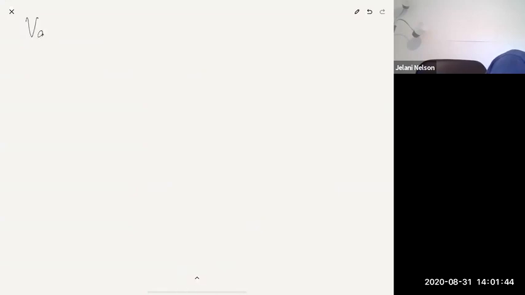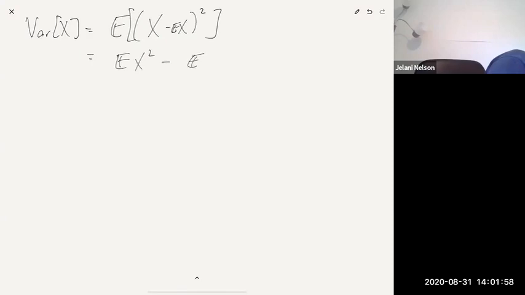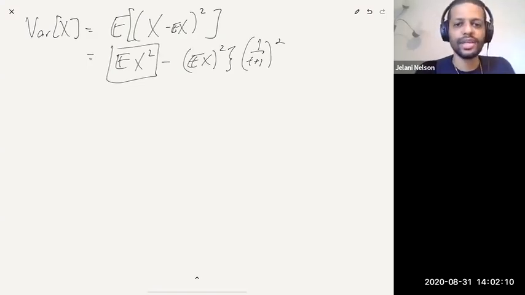The variance of a random variable is the expectation of that random variable minus its expectation, squared, which is the same thing as the expectation of x squared minus the expectation of x, squared. We know what this is: 1 over t plus 1, squared. So the question is what this first term is. And again, that's some computation.